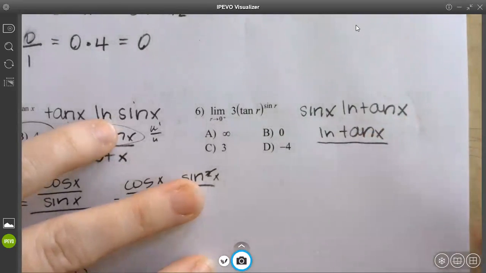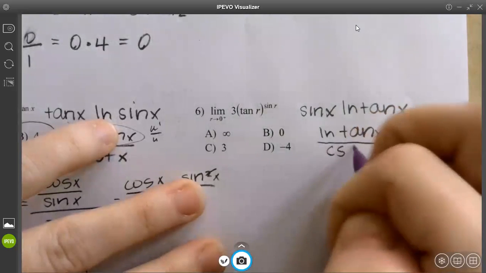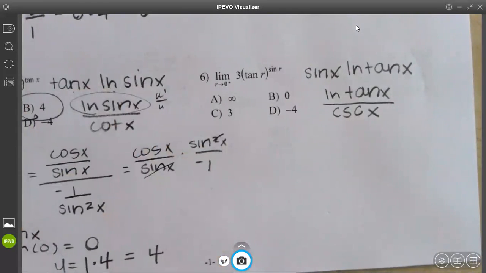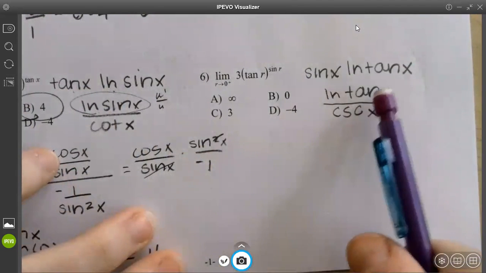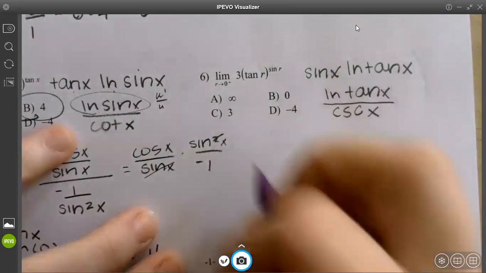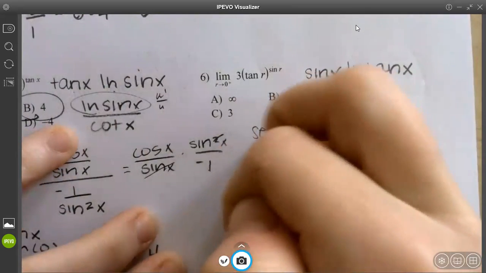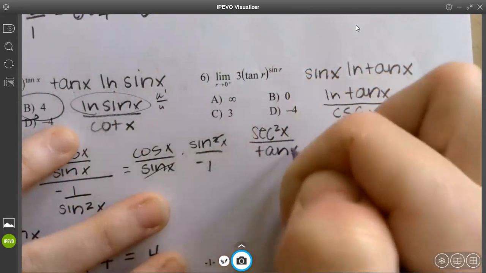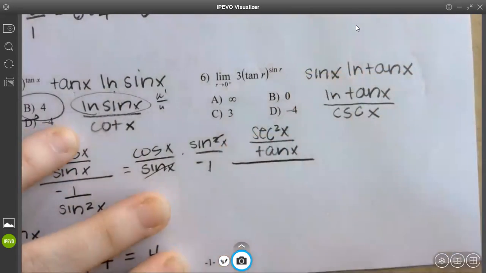You said what? Cosecant X. From here, we do the derivative. What's the derivative? Remember, it's u prime over u. So what's the derivative of tan? Secant squared x over tan x over, what's your derivative?